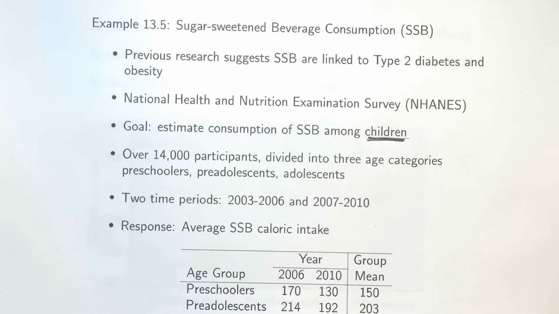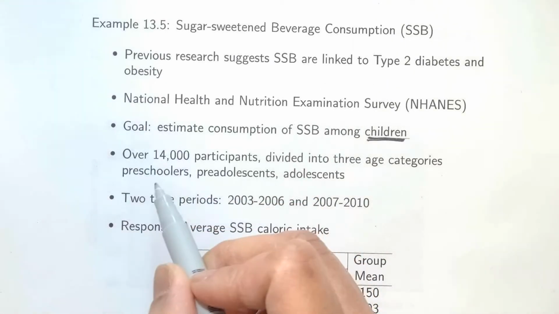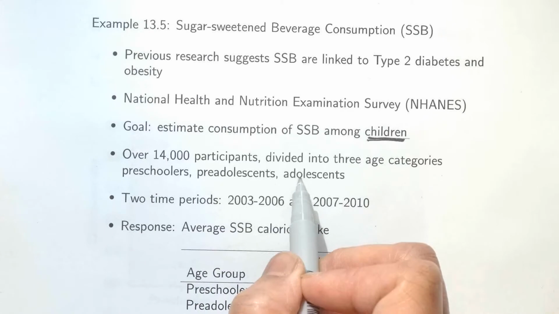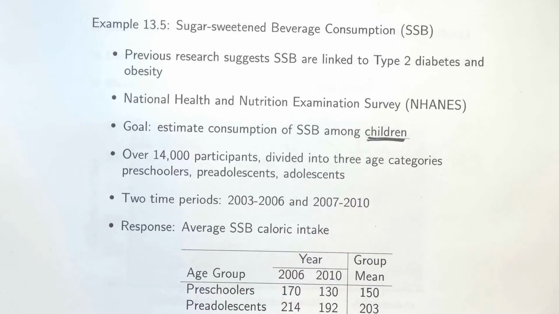So they recruited these children, divided them into these 3 age categories. So here's an example where it's observational. We can't change a child's age. We just observe what the age is, and then they were binned into these 3 groups, either preschoolers, pre-adolescents, or adolescents. And this data had been collected over 2 different time periods. So there's from 2003 to 2006, and participants from 2007 to 2010.